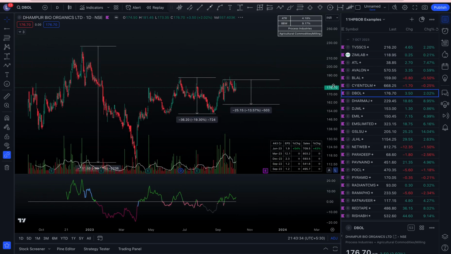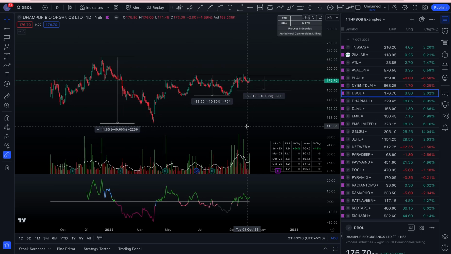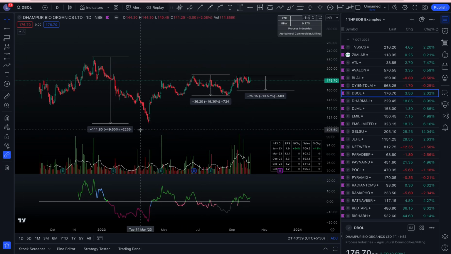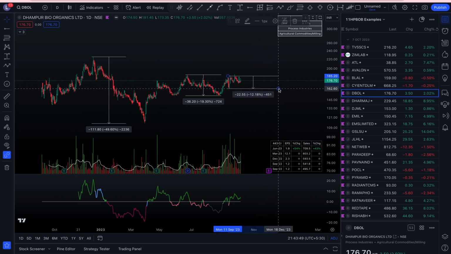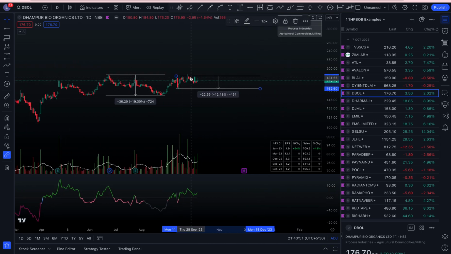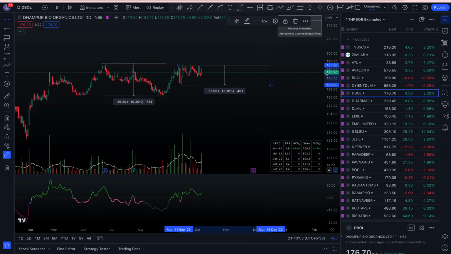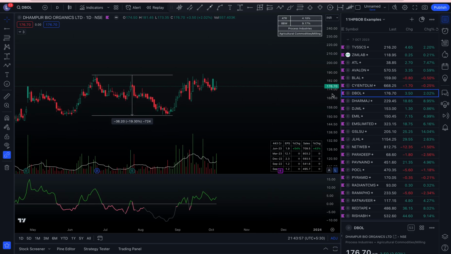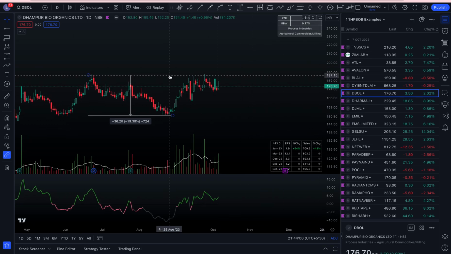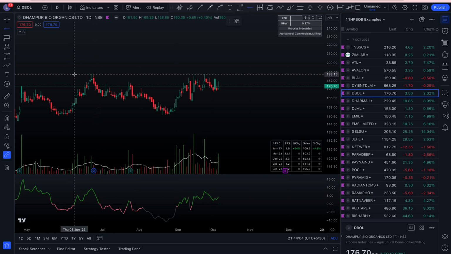So this guy is another name. I don't know exactly what this guy does, but like I said, see how this base has been forming, right? So this is the first T, 49%, second T, 19%, third T has been around 13%, and then it's getting very tight right now, and this is too good, man. Also, probably because of the sugar wooger angle, it's probably a very good time to bring this into our focus.